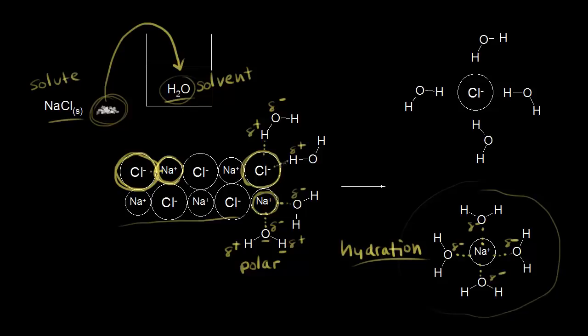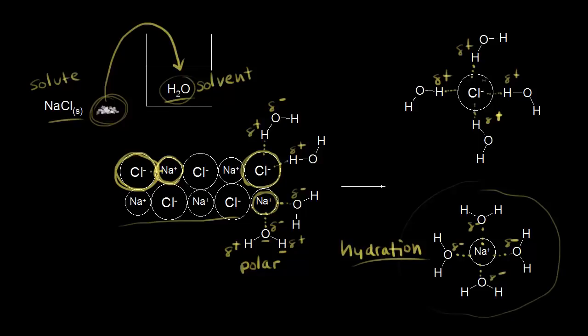And once again, this interaction is going to pull off that chloride anion and move it into solution. So we have our partial positive hydrogens interacting with our negatively charged chloride anions here. So once again, we get ion-dipole interactions. And the chloride anion is surrounded by our water molecules. So once again, the process of hydration.